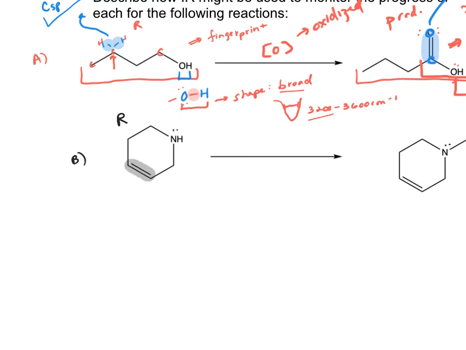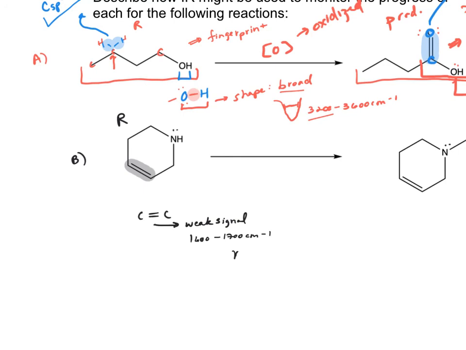It is asymmetric, so we will see it. It's not a symmetric double bond. We'll find this as a very weak signal between about 1600 and 1700 inverse centimeters, a very tiny little signal with respect to the overall signal strength in the IR spectrum.